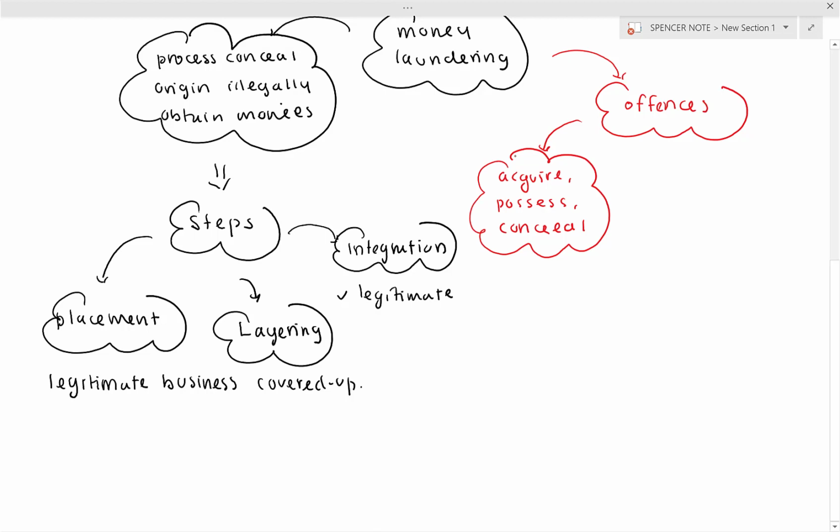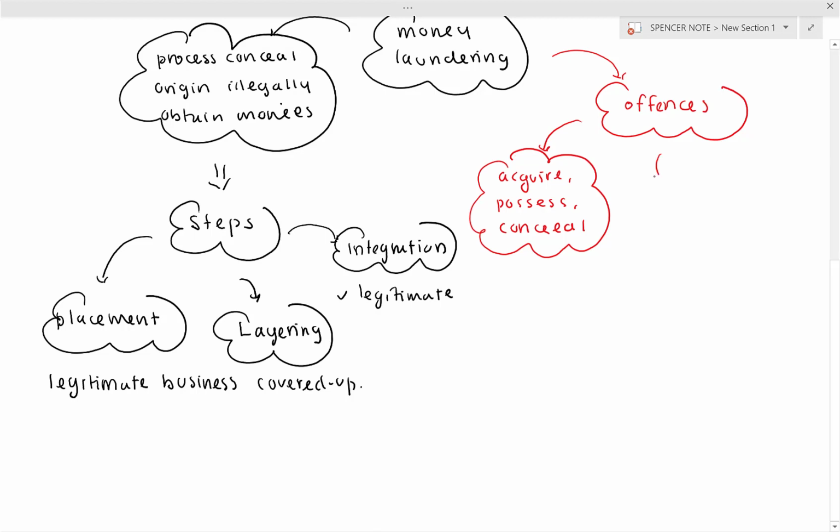Even if the person is merely facilitating in the arrangement to acquire a criminal property, this is part of a money laundering offense. So as an accountant or auditor, we have to be very careful not to get involved with facilitating in the arrangement to acquire a criminal property.